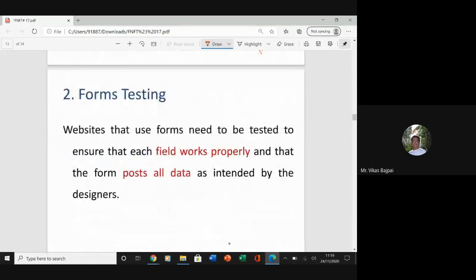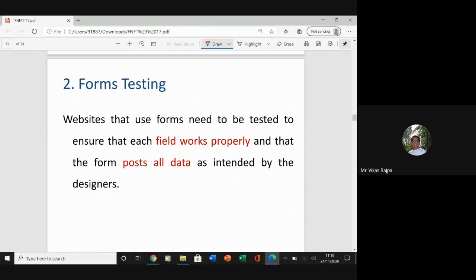Now, next is your forms testing, right? So websites that use forms need to be tested to ensure that all the fields which are added in the form work properly, and your form posts all the data as intended by the designer.